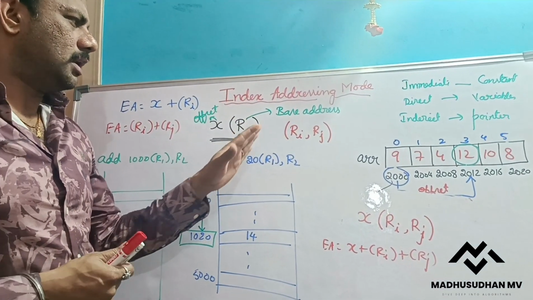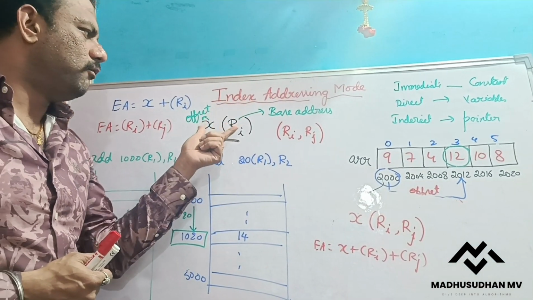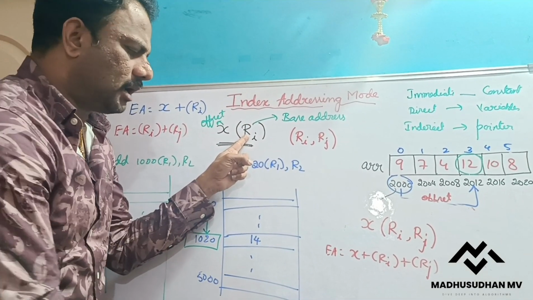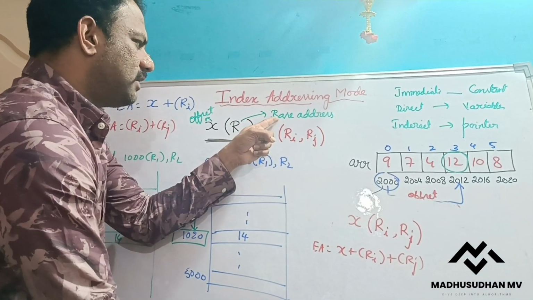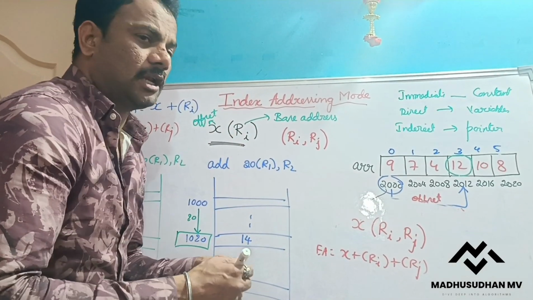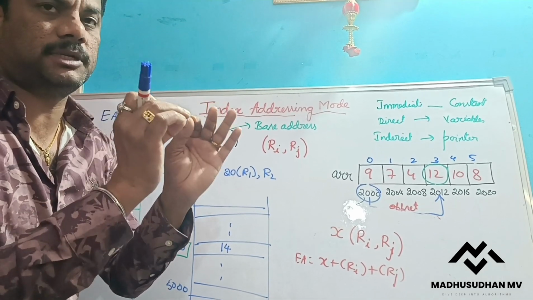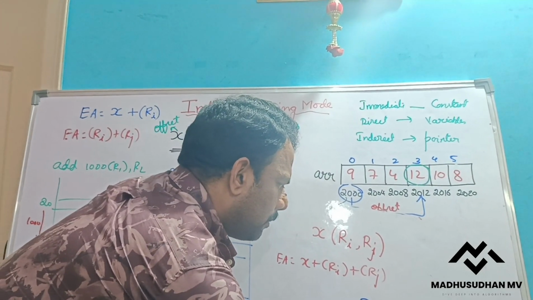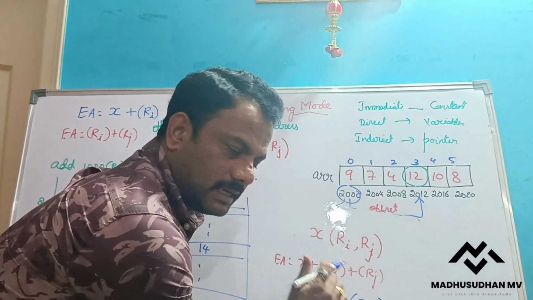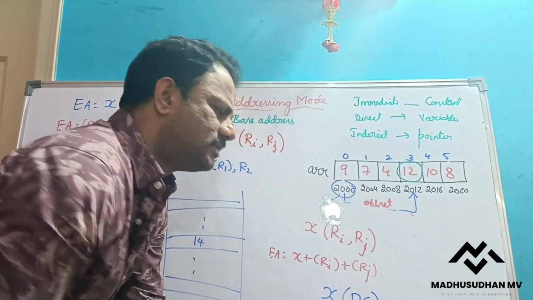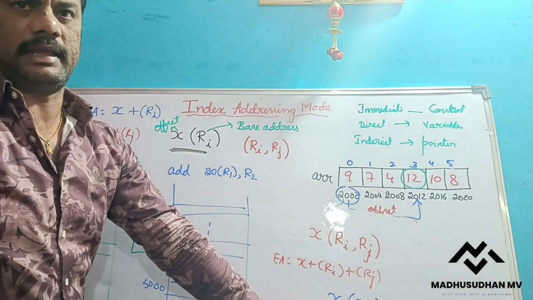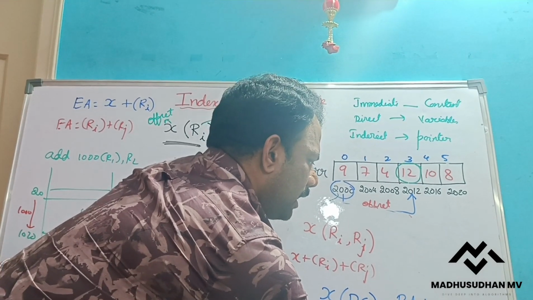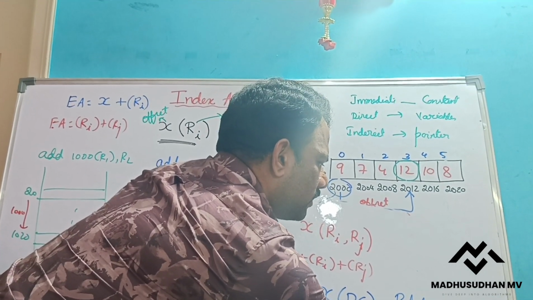Now, in the index addressing mode, we store the base address in one of the general purpose registers. Instead of storing the base address in a general purpose register, if we use a special purpose register called the program counter, store the base address there, and as usual write the offset address as a constant x, then that type of addressing is called relative addressing mode.